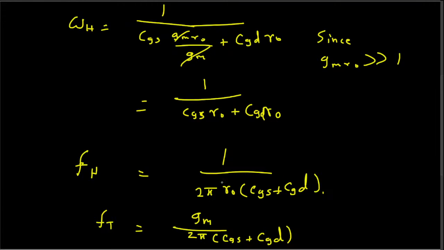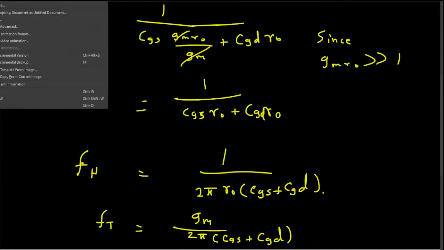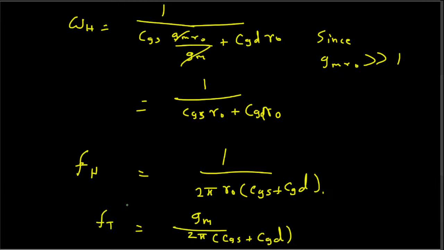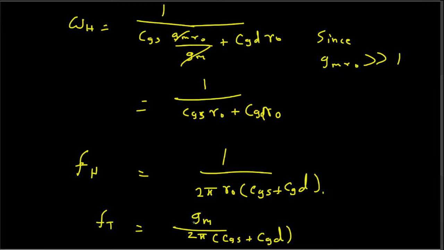If we bring this 2 pi cgs plus cgd term to the other side of the equation, we get gm over fT.